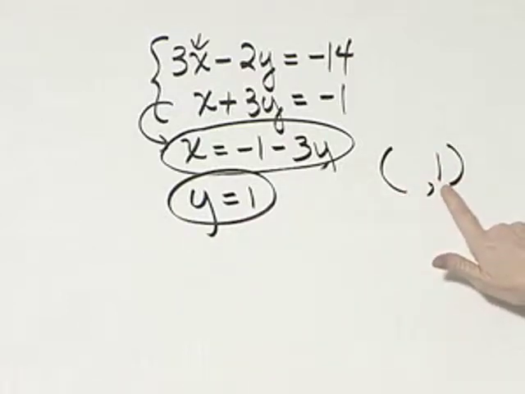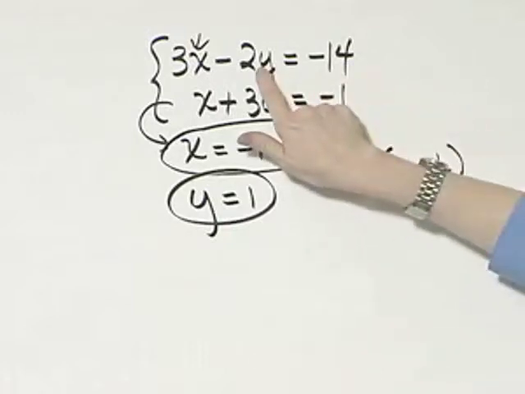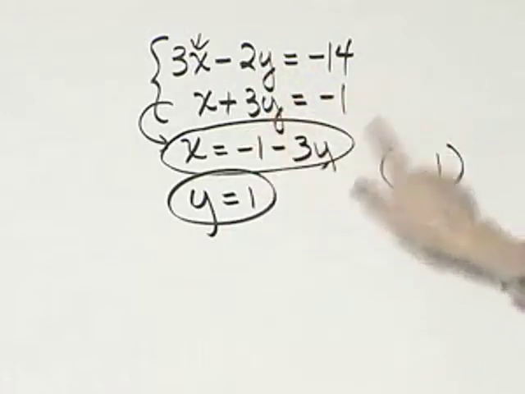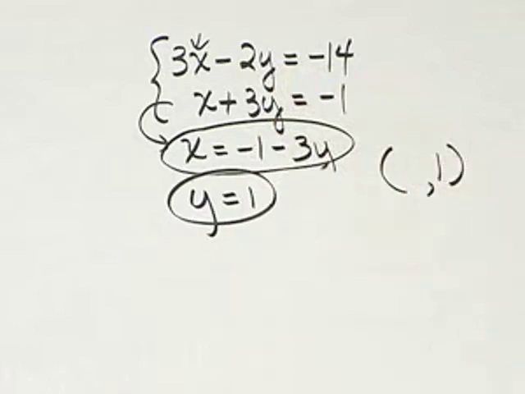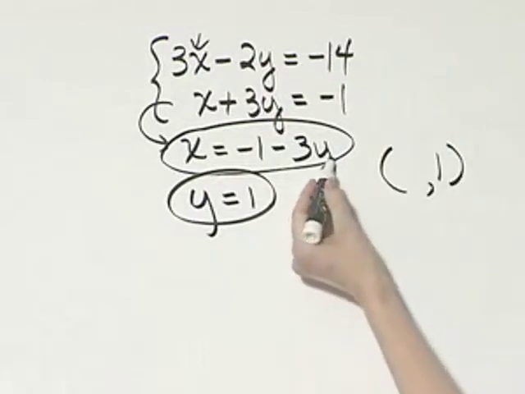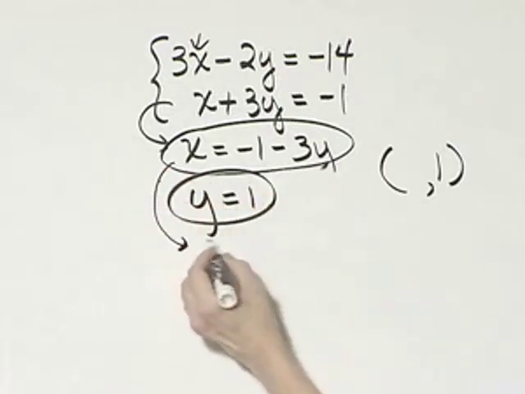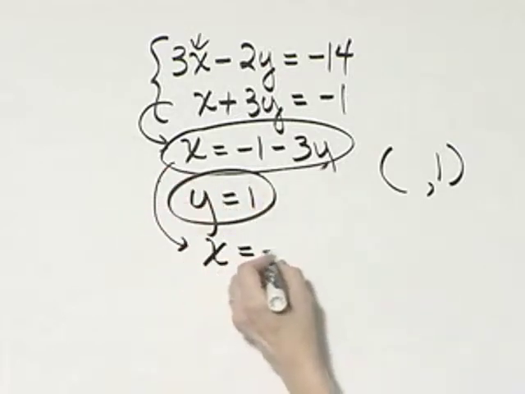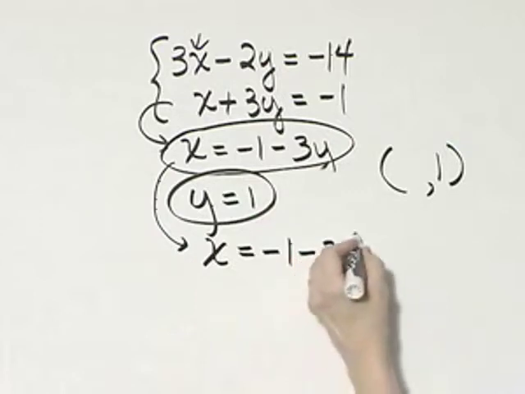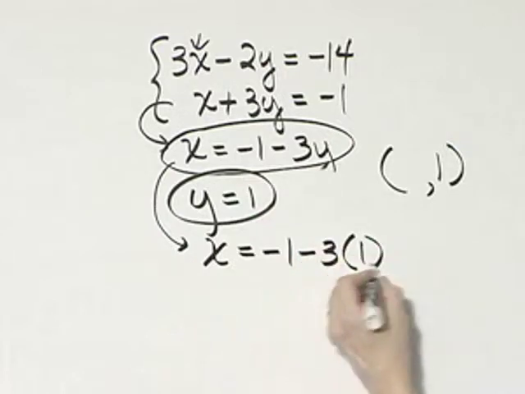I let y be 1 here, or here, or here. This ordered pair solution must satisfy any equation of the system, so we should be able to use any equation of the system, whatever is convenient. I'll let y be 1 here, and I'll have x is equal to -1 minus 3 times y, which is 1.